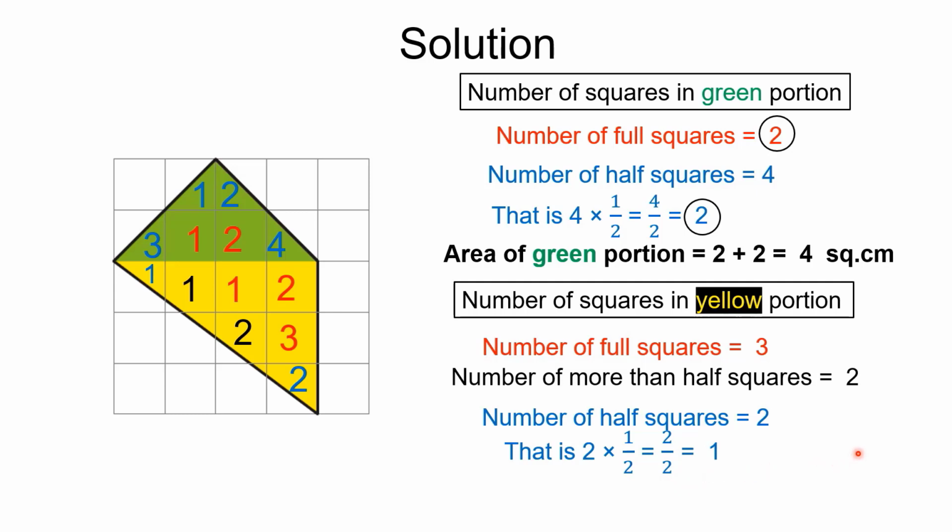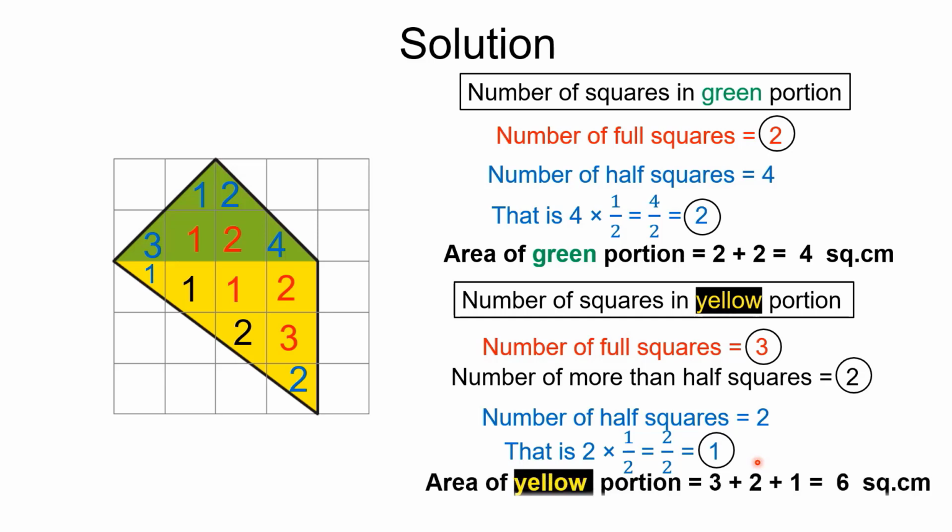Let us find out the area of the yellow portion. To find out the area, we have to add the number of full squares, 3 plus 2 plus 1. Area of the yellow portion is 3 plus 2 plus 1 is equal to 6 square centimeters.